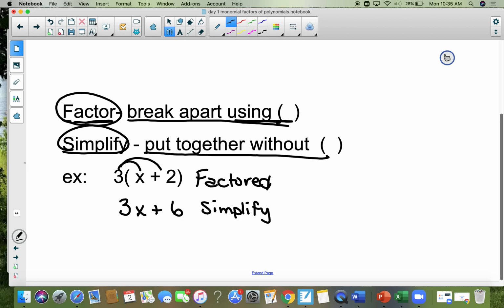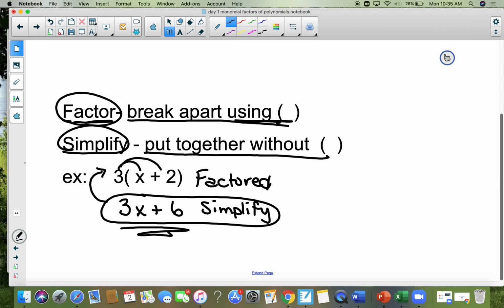What we are learning in this chapter is how to go from this way back to this way for the whole chapter. They're going to give it to you in this form, and you have to put it back into factored form. And factored form uses either 1 or 2 or even 3 or 4 parentheses depending on how difficult the problem is. So today you're going to learn how to do the distributive property backwards.